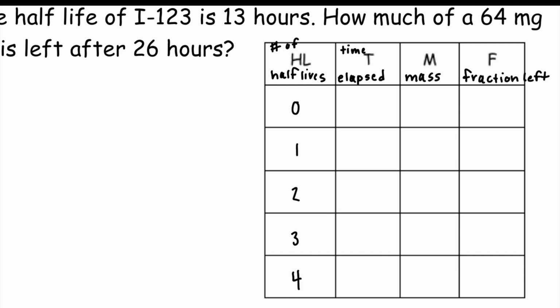Time elapsed when no half-lives have occurred will be 0. Fraction left at 0 half-lives would be 1, standing for 100% of our sample still there. After 1 half-life, we would have half of our sample left. After 2 half-lives, a quarter. After 3 half-lives, an eighth. And after 4 half-lives, a 16th.